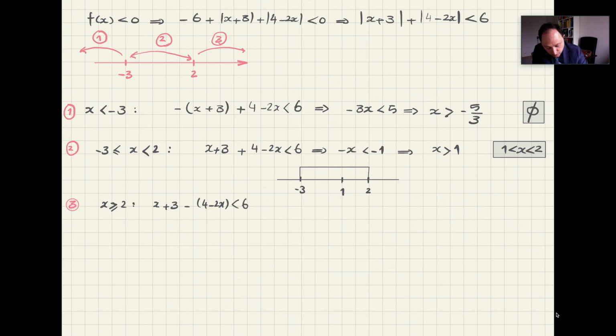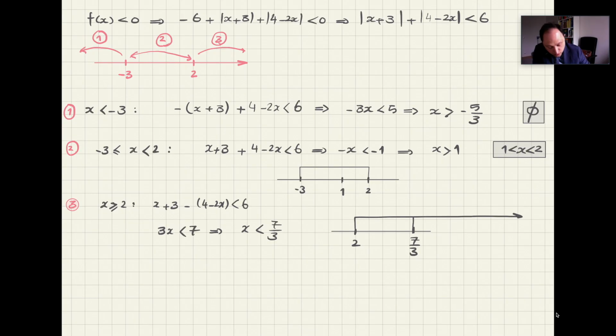And if I solve that one, it becomes 3x less than 7. Yes? So what happens here? It becomes x less than 7 over 3. Then I need to convince myself what is here. So assume that this is 2, this is 7 over 3. This tells you that x is greater than 2, so it goes in this direction.